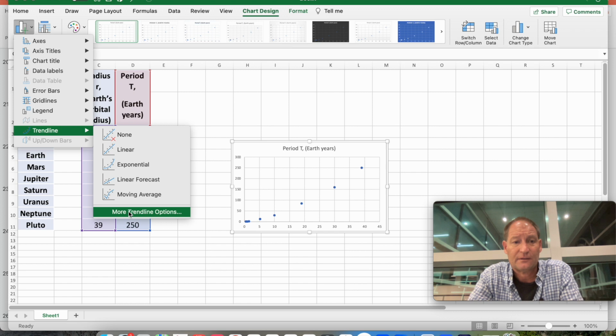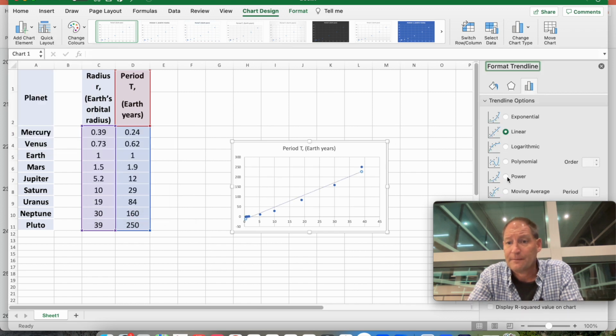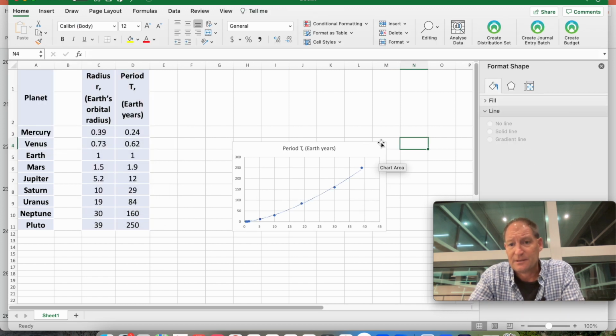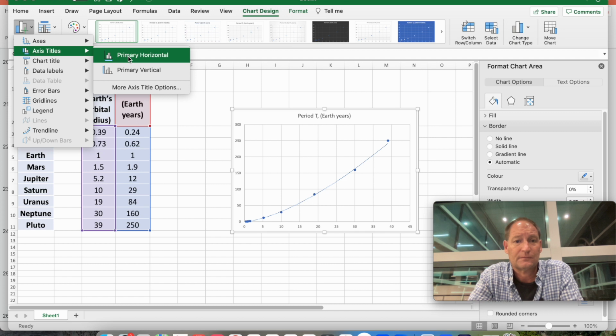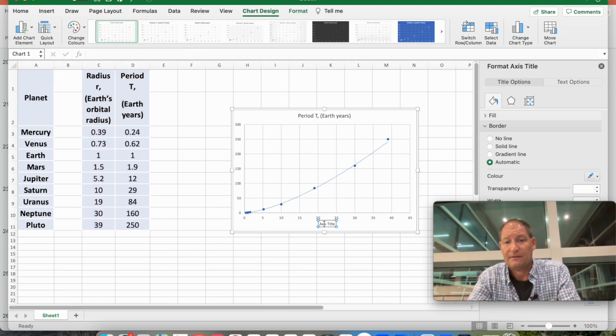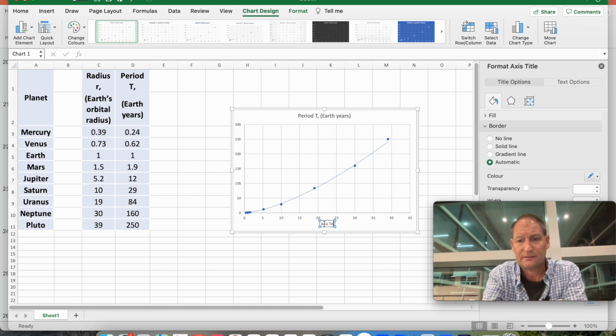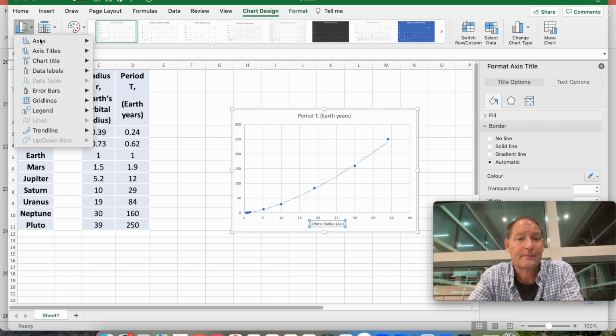Trend line, power. So it's going to form a curve. This is orbital radius here, in astronomical units.